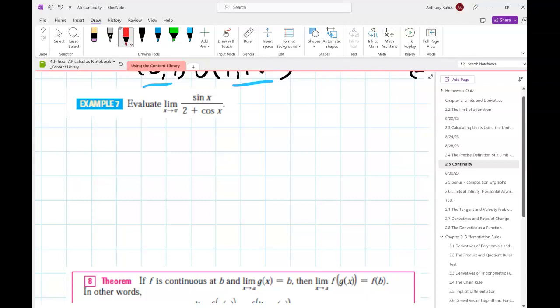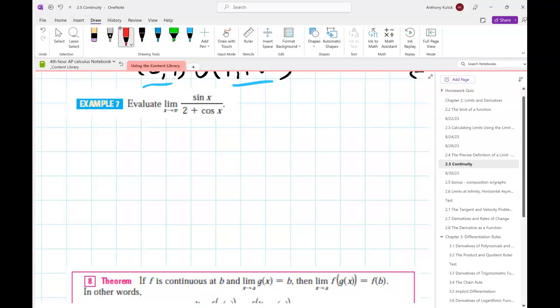Recall the big observation from last time was that if your function is continuous, you can evaluate the limit with direct substitution, right? So that's what I want to check here: if I can determine that this is continuous, I can just direct sub this in and we're done, basically, right?